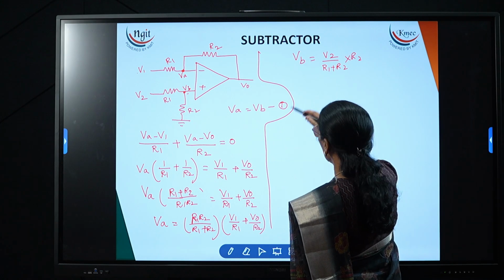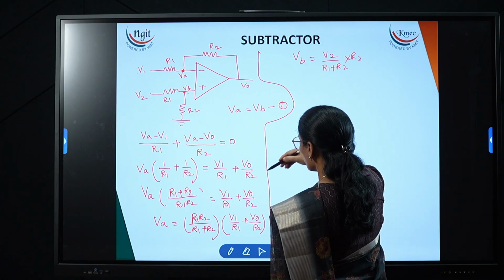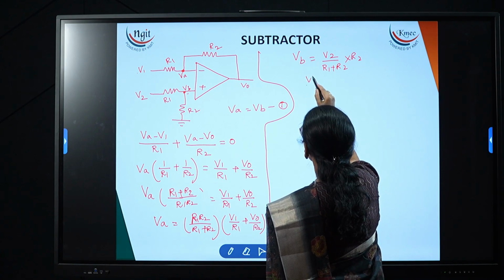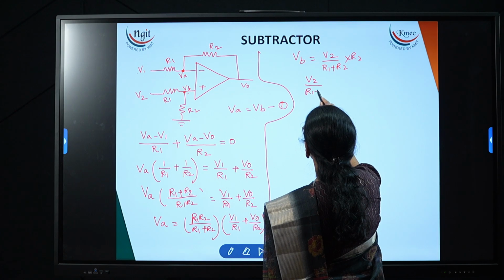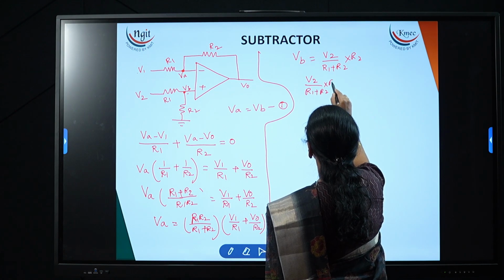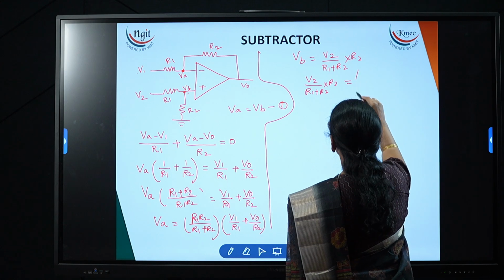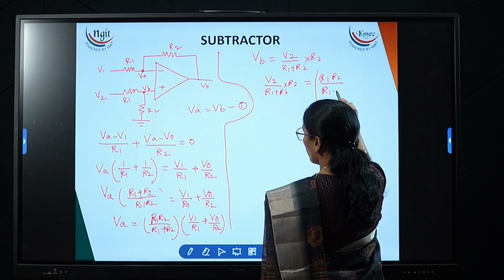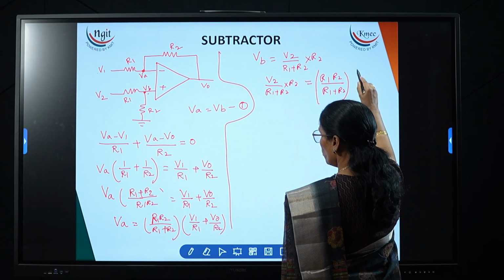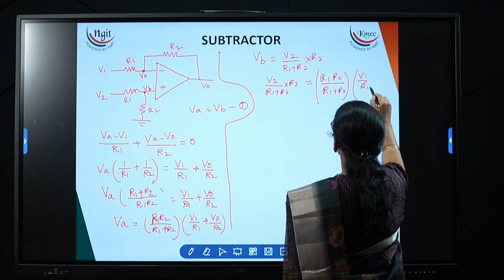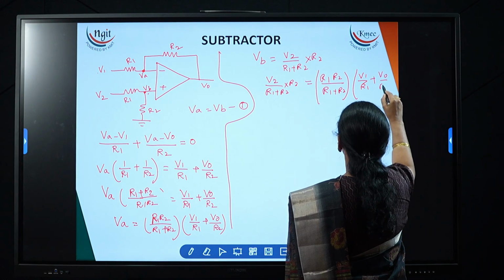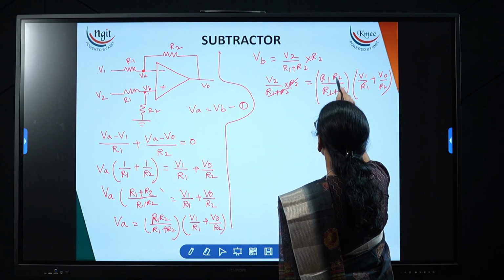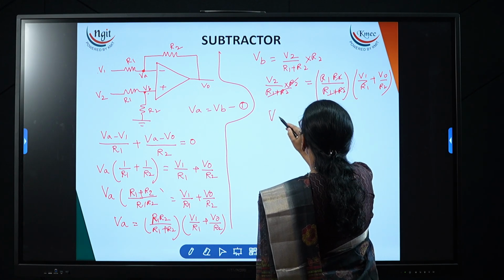Now VA is equal to VB, so I equate these two expressions: V2 divided by (R1 plus R2) into R2 is equal to R1 R2 divided by (R1 plus R2) into (V1 by R1 plus V0 by R2). Now the denominator cancels and R2 also we can cancel.